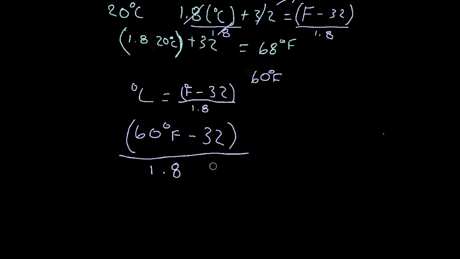And if I divide that by 2, let's say I round 1.8 up to 2, then 28 divided by 2 is 14. So I know I'm going to be somewhere around 14, maybe 15, possibly closer to 16. Between 14 and 16 degrees is going to be really accurate.